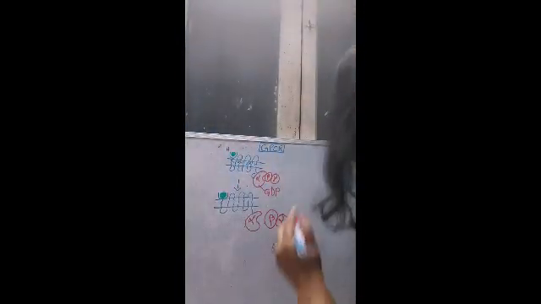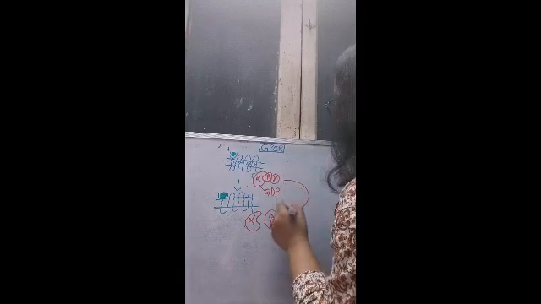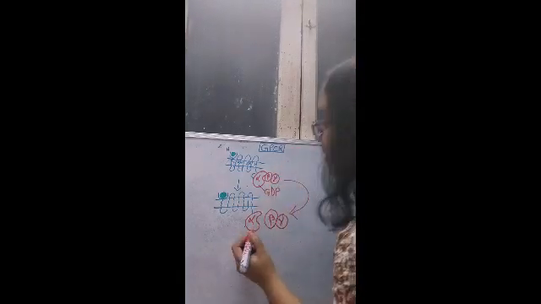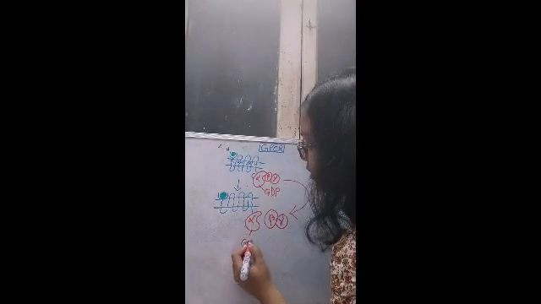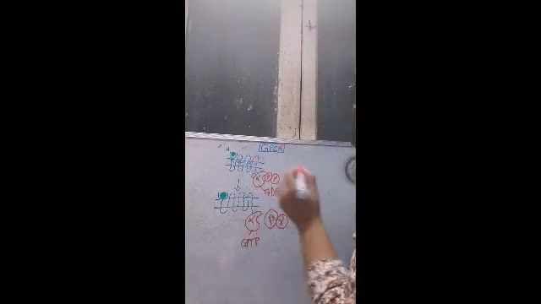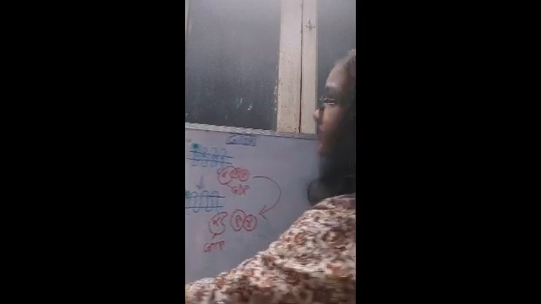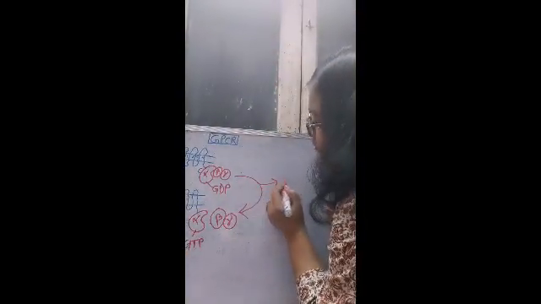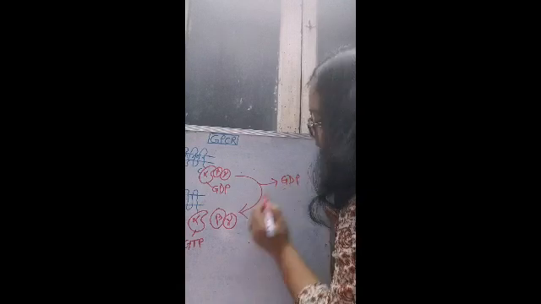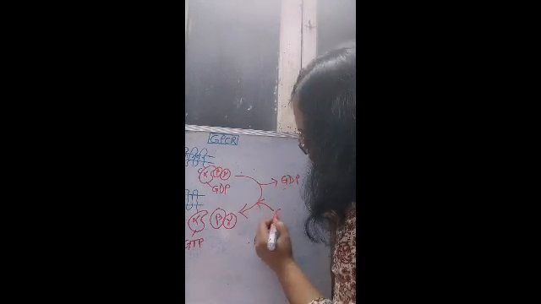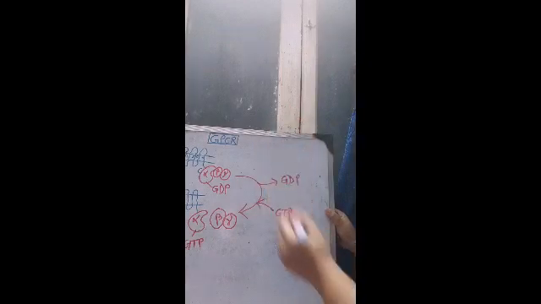That is the unstimulated state. Now what happens? Here the alpha subunit binds to GTP. I hope you can see the board from there, right? What happens? This GDP moves out and the GTP comes in its place.